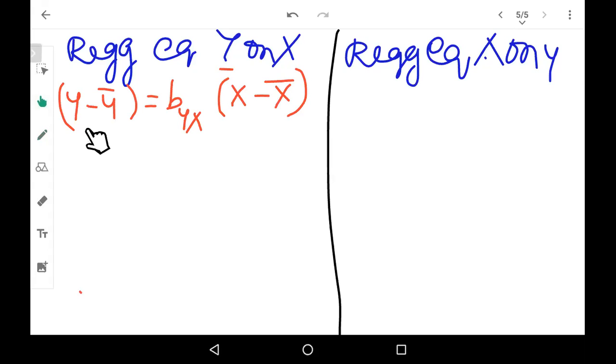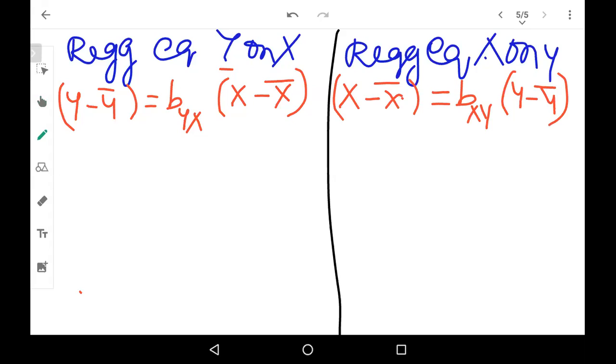First you have y, then b yx, and then only x will come. Now for the second one, that is x on y, first x should come. So x minus x bar is equal to b xy into y minus y bar. So this is the regression equation for x on y.